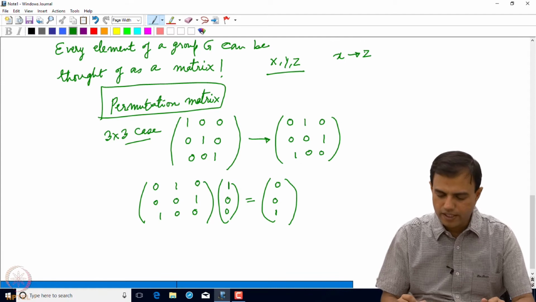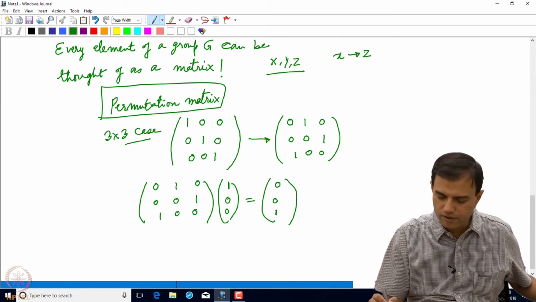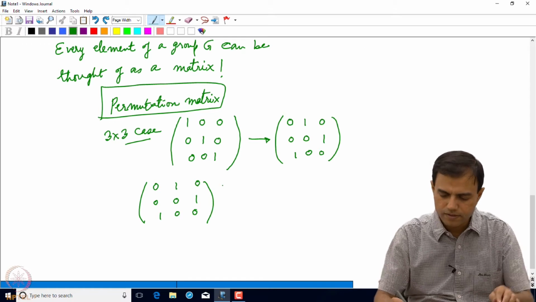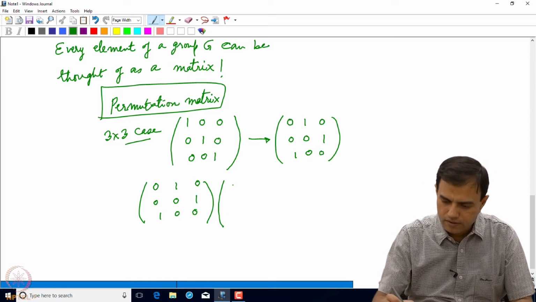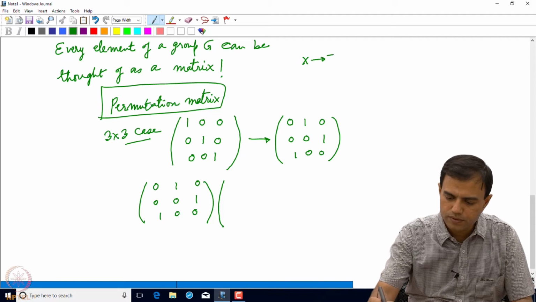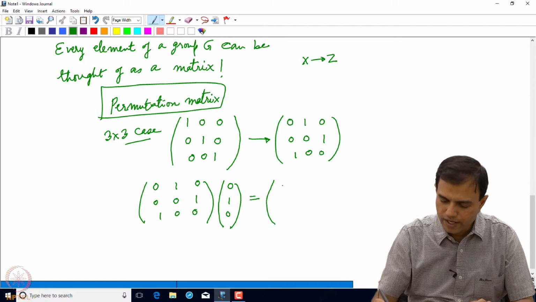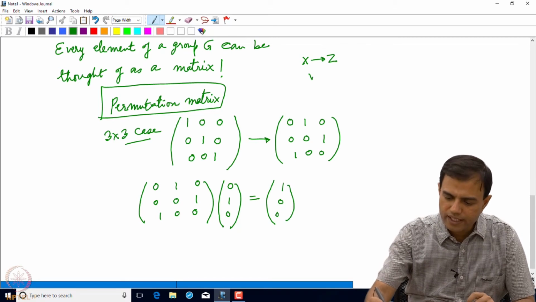What happens when I do the same calculation for the y-axis? I get 1 here, and 0 here, 0 here. So by matrix multiplication, the y-axis goes to the x-axis.